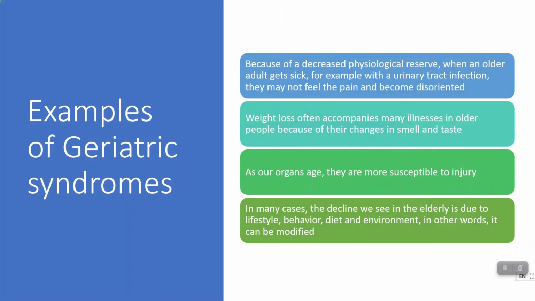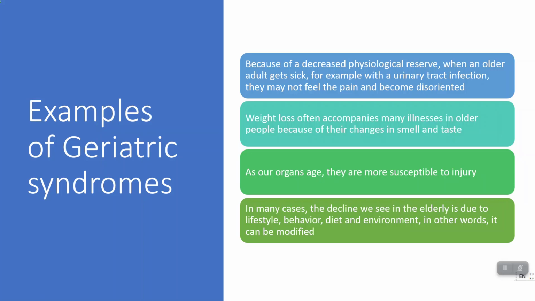Because of the decreased physiological reserve when an older adult gets sick, for example, such as having a urinary tract infection, they may not experience the pain that's normally associated with a UTI, and they may become disoriented. This is an example of a geriatric syndrome. Weight loss often accompanies many illnesses in older people because of their changes in smell and taste.